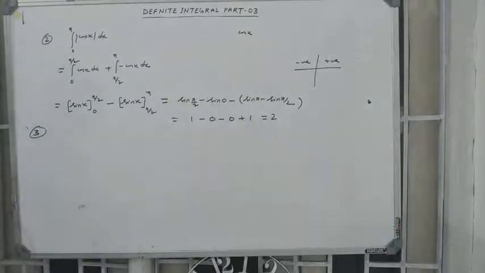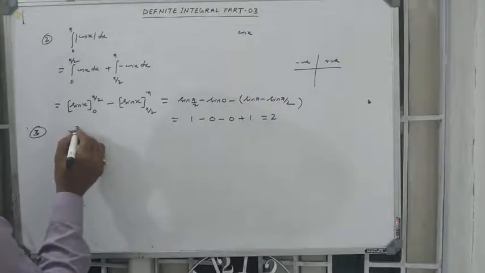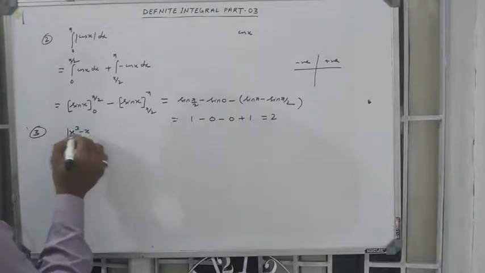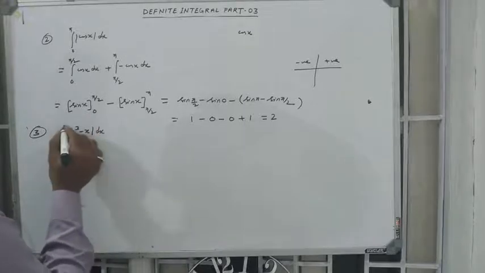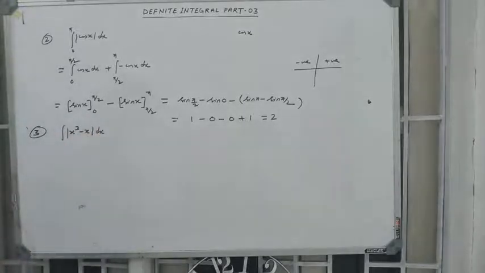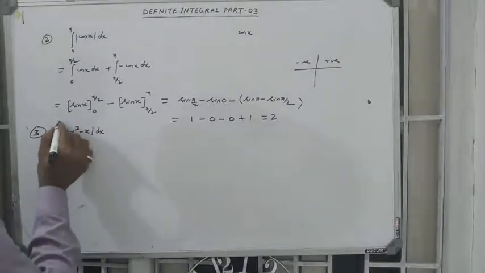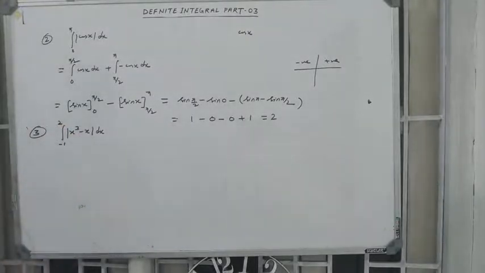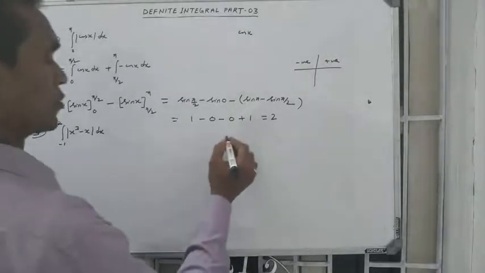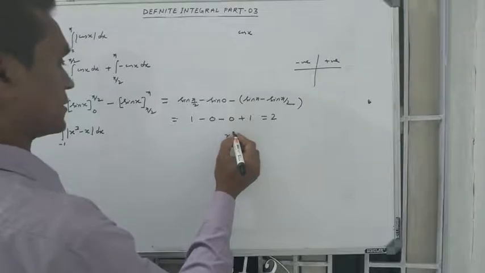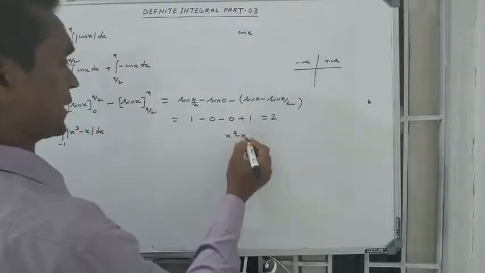Now question number 3: the integral of modulus of x cube minus x dx. Here the limit varies from -1 to 2. In the same way, we will find its sign. So we have to consider the function x cube minus x.